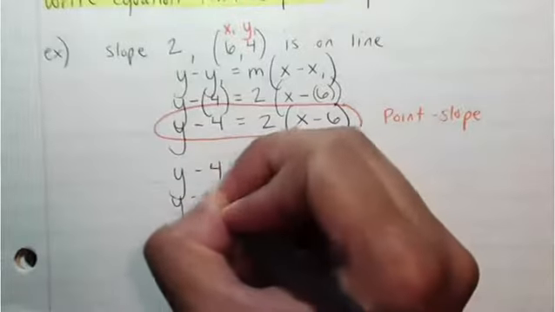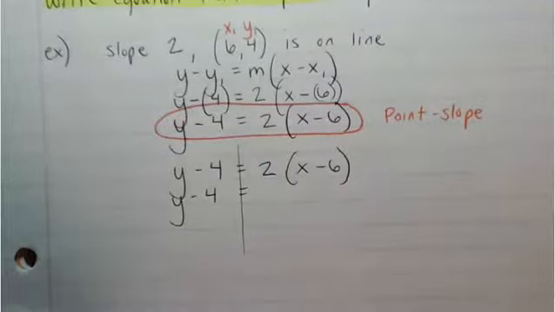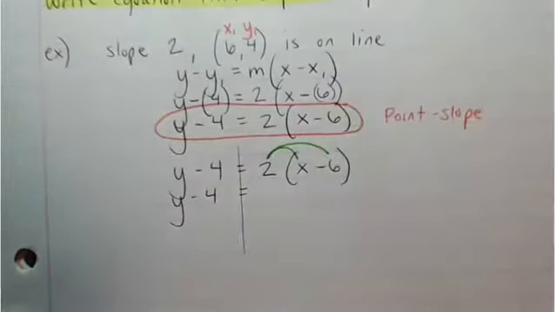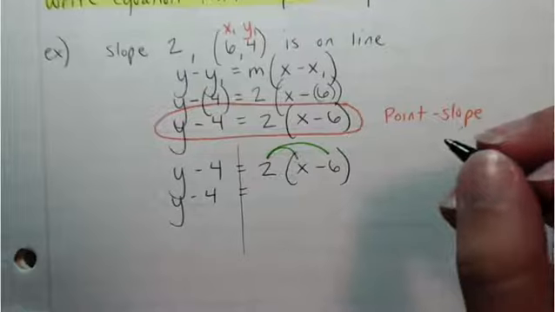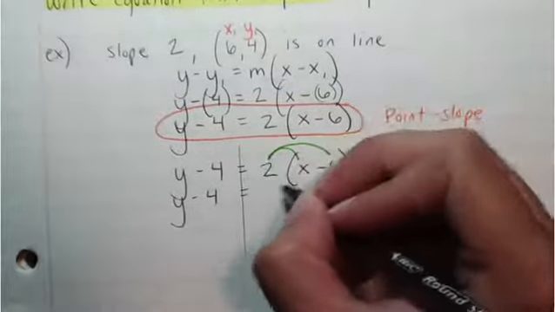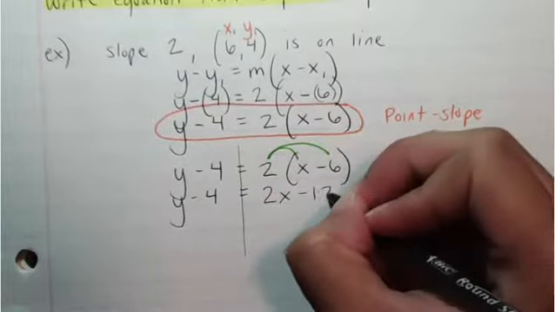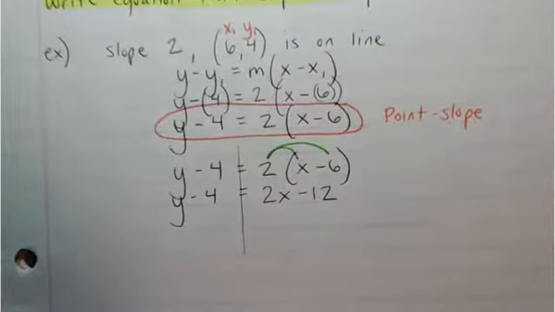I don't have to do much with that. How do I get rid of the parentheses over here? I'm going to have to distribute that 2 to everything on the inside of the parentheses, which leaves me with 2 times x is 2x, and 2 times negative 6 is negative 12.